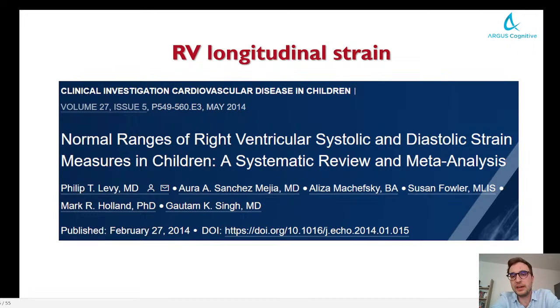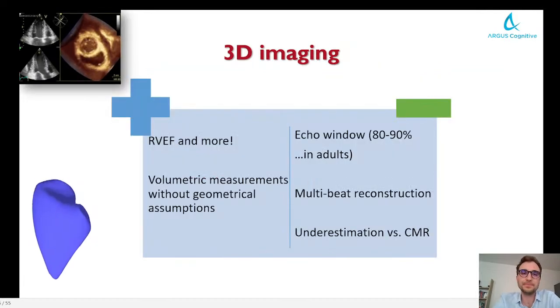So compared to the generally accepted 20% of strain in adults, in children we want to look for a mildly higher normal value of 24%.